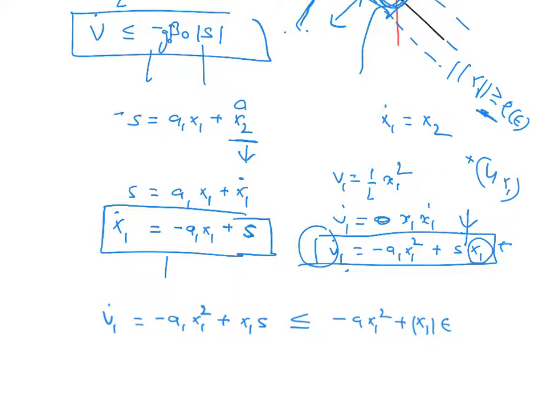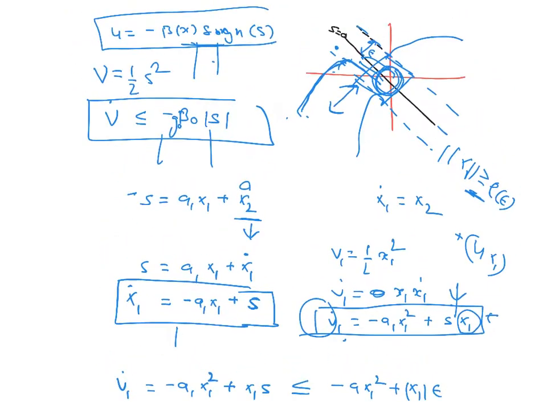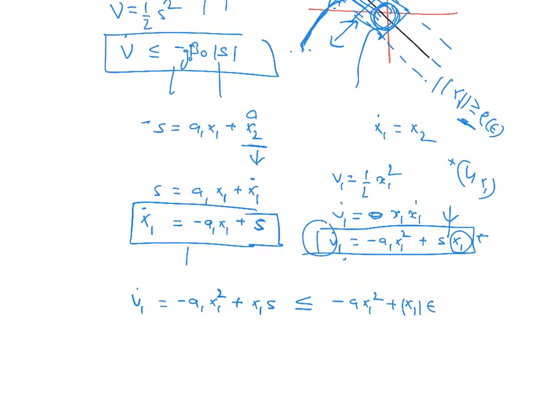What is s bounded by? Epsilon, right? Because we have already come into this, that means s is between plus and minus epsilon, so I can plug that in, because this quantity is always negative and is creating a problem.